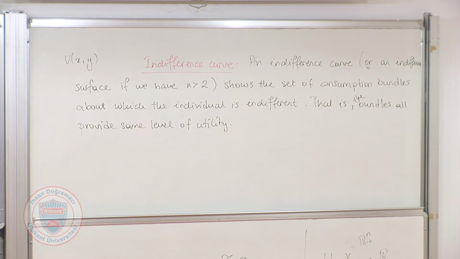Now, let me draw an indifference curve. Remember we said this is how I draw the indifference curve. But what do you observe? You guys could tell me. So this is the indifference curve.